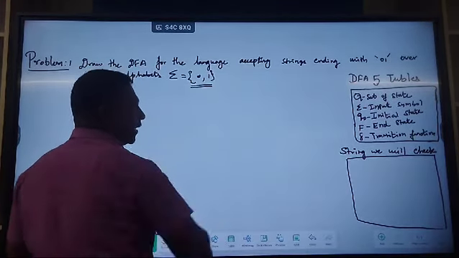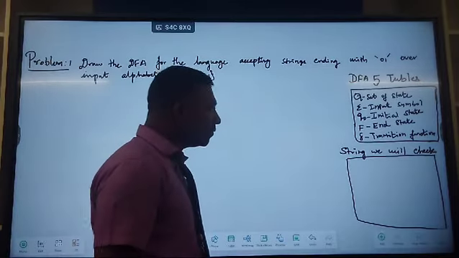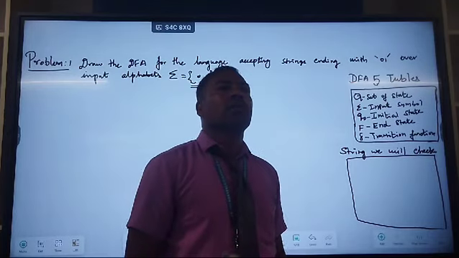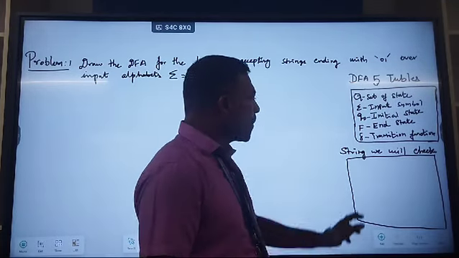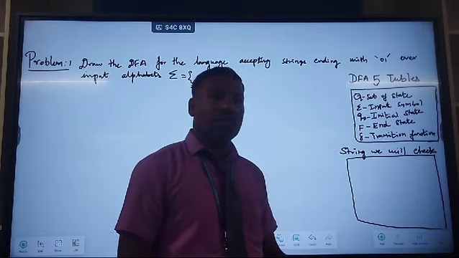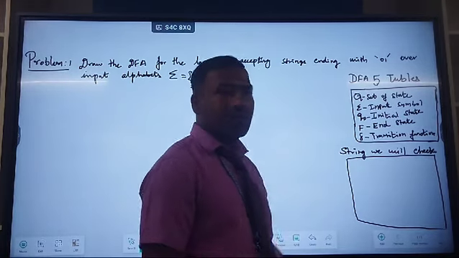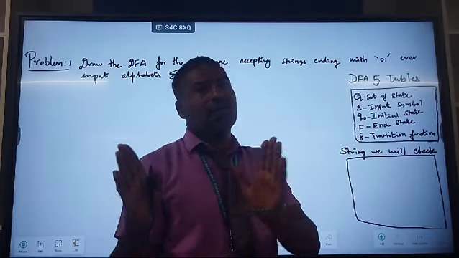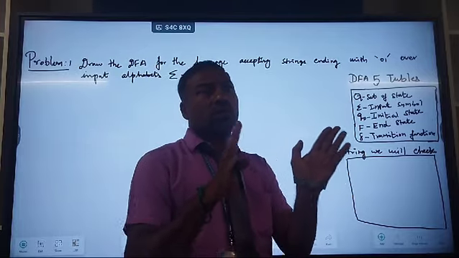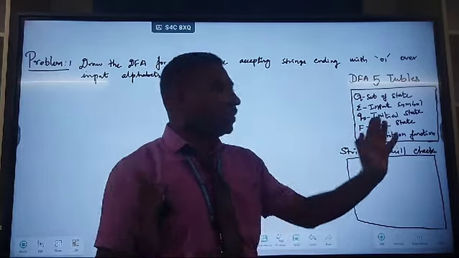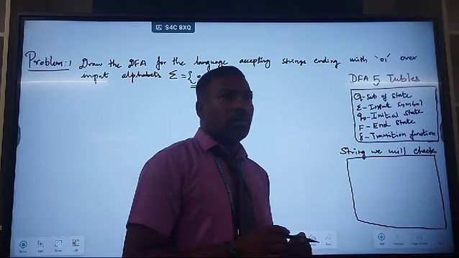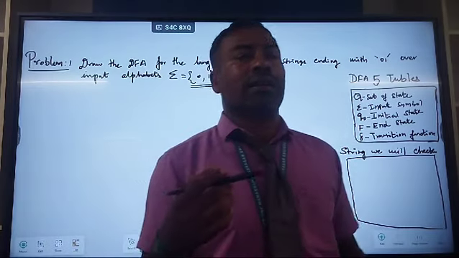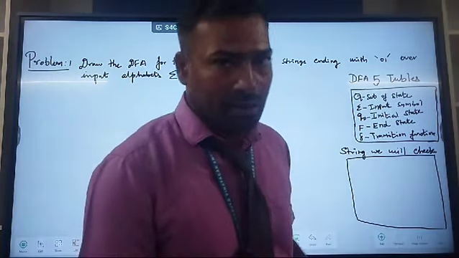So here this is the input symbol, and Q0 is the initial state for the design of the DFA diagram, and F is the end state, that is the final state, and the transition function, to move from one state to another state with the help of the transition function. So the transition function is used to design the transition diagram as well as the transition table.